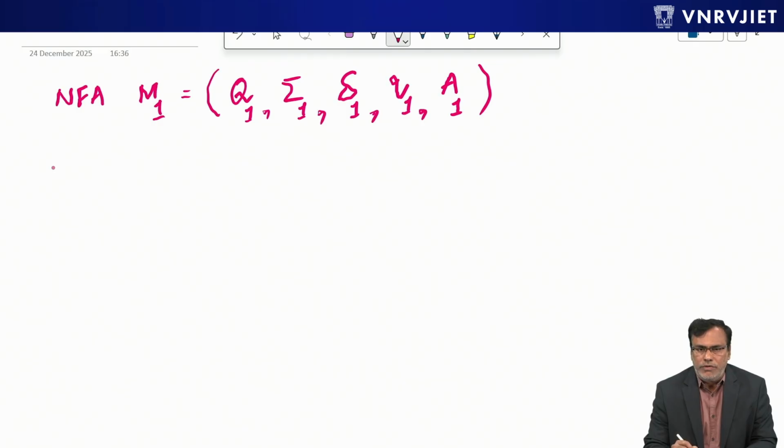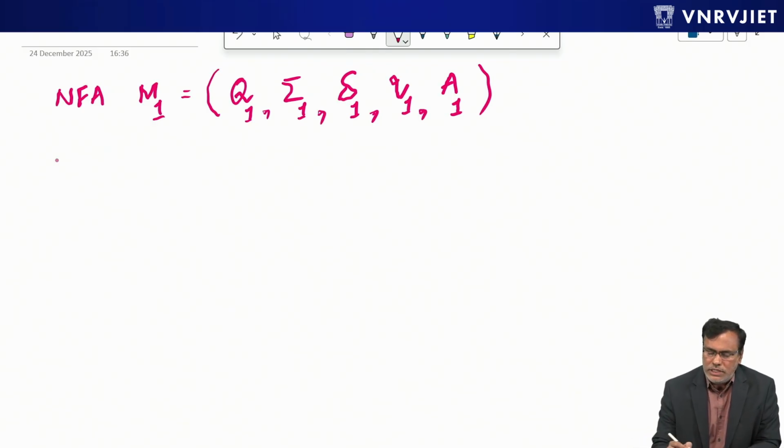You know the definition of this NFA. The transition function we are using is delta 1. And one more thing, here you have listed 5 elements. This is a five-tuple, and the order you don't need to follow, it is up to you. But there must be 5 elements.